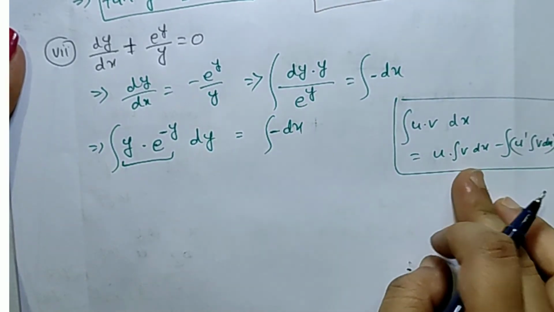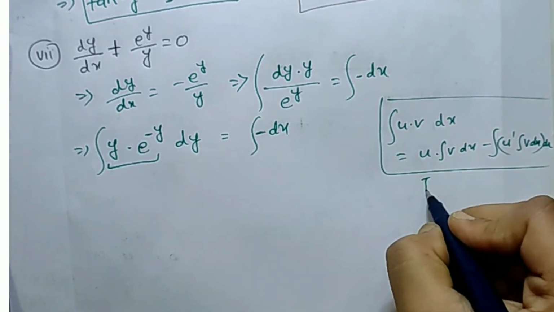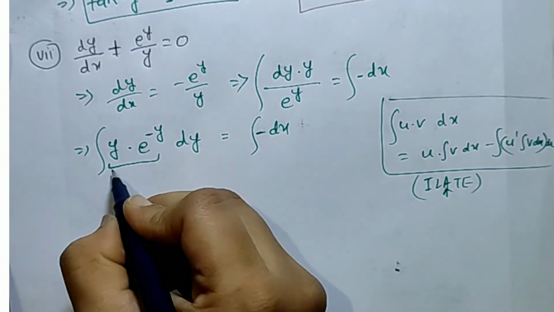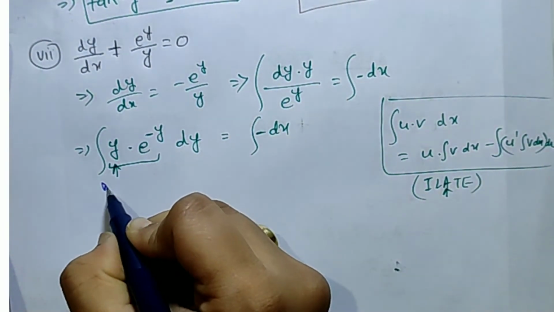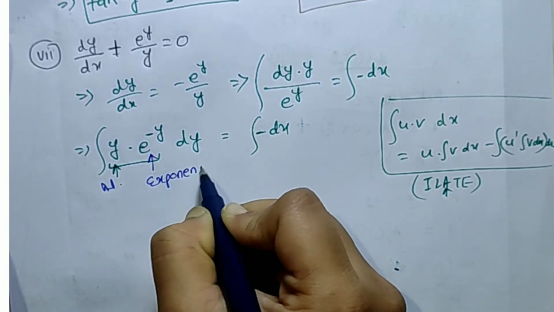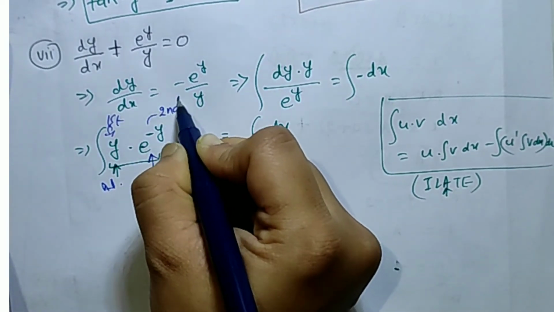We already did questions using this formula. By ILATE, this term is algebraic and this term is exponential, so this is the first function and this is the second function.